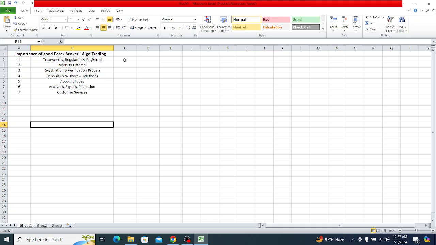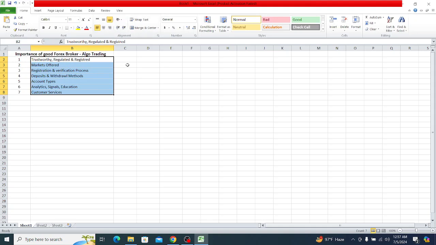Because when algos open a position, the price may change, since prices are changing very quickly in the forex market. Sometimes when you open the chart, you see the prices moving up and down very fast.